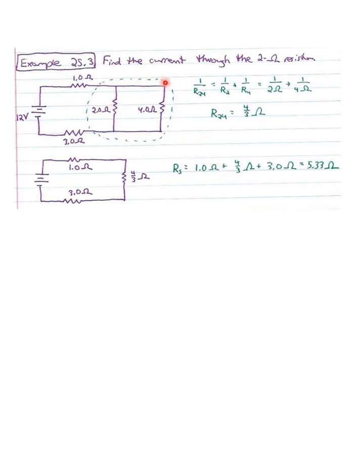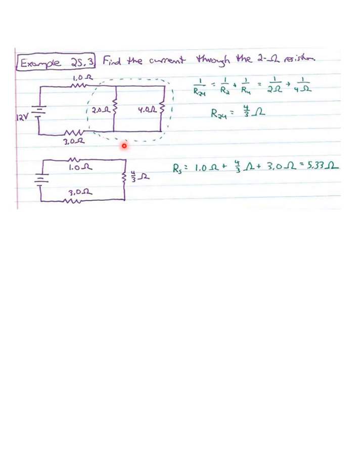What I see is that the 2 ohm and the 4 ohm are in parallel with each other. We'll use the parallel resistor formula that I have here in green, and I've labeled these resistor 1, resistor 2, resistor 3, and resistor 4. So for the resistor I'll call R24, we add the reciprocals of resistor 2 and resistor 4, 1 over 2 ohms plus 1 over 4 ohms. When we add those and take the reciprocal, we should get R24 is 4/3 of an ohm.